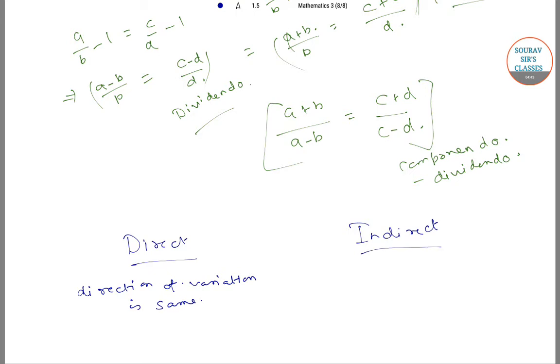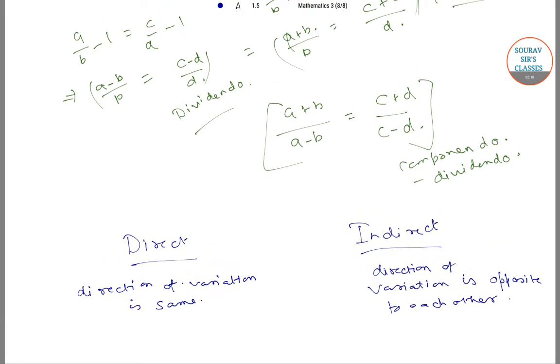And indirect proportion: the two ratios are said to be indirect or inversely proportional if and only if the direction of variation is opposite to each other. That is, increasing the value of one would mean decreasing the value of the other.